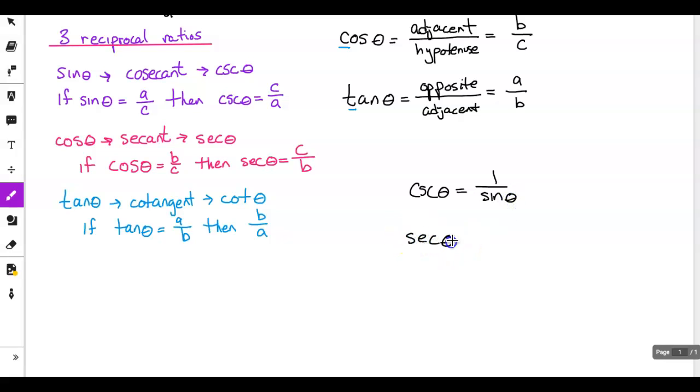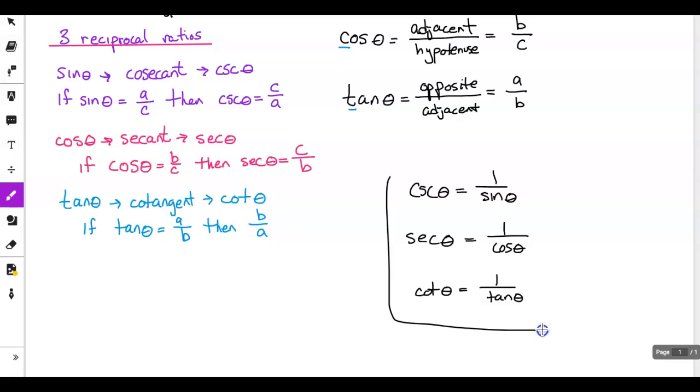Secant is 1 over cosine. And cotangent, my bad, is 1 over the tangent. That's really all you have to memorize about Sohcahtoa so far.